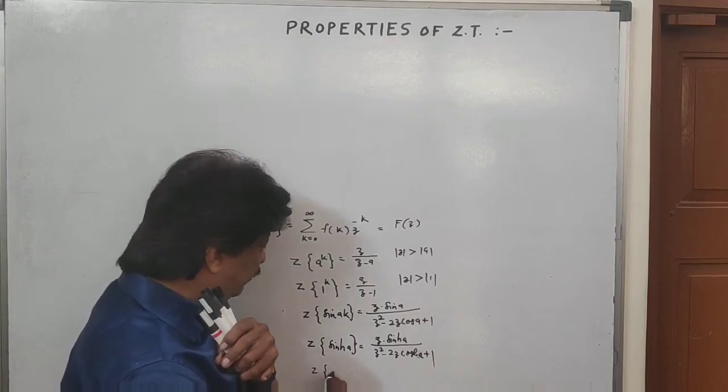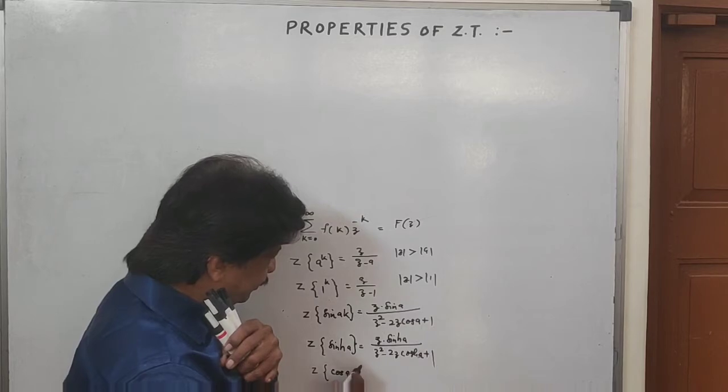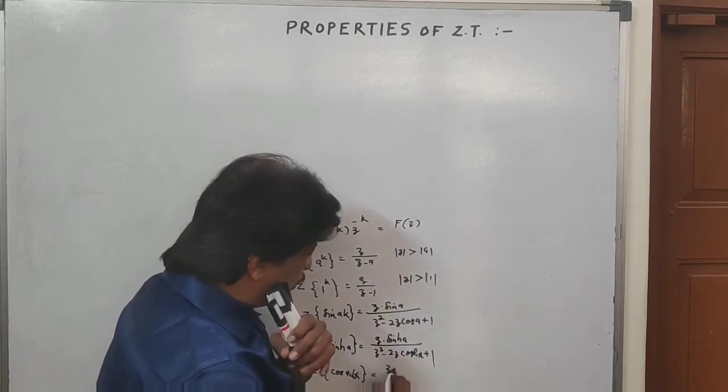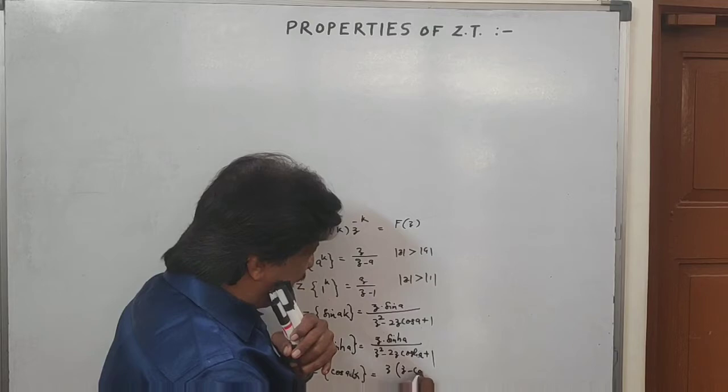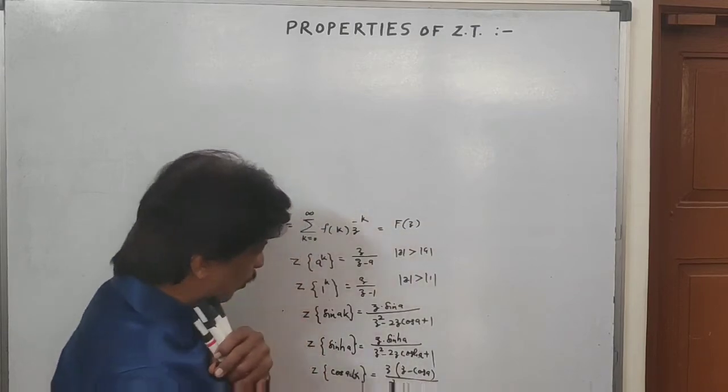Z transform of cos of ak is z into bracket z minus cos a upon z square minus twice z cos a plus 1.